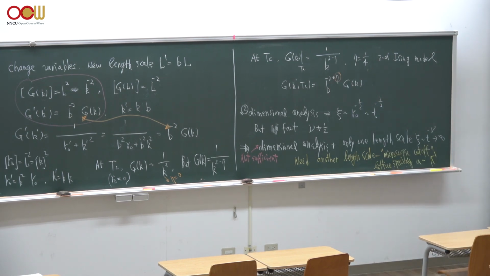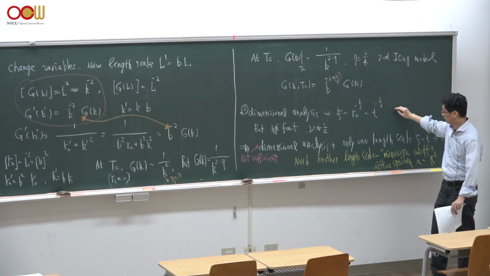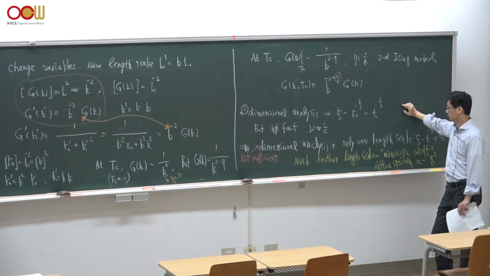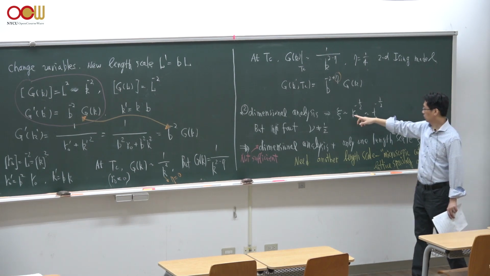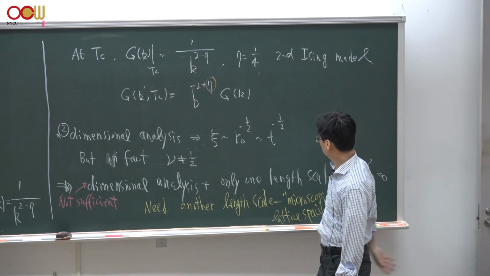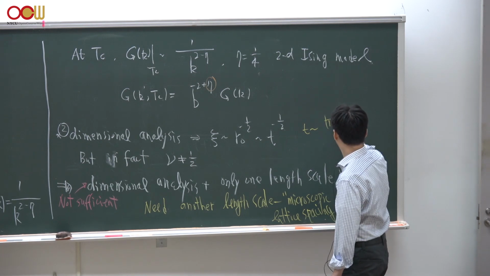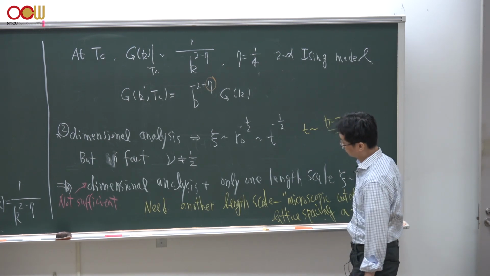So let us take a second example, the correlation length. Our Landau theory, or mean field theory, or Gaussian theory, tells us that this is proportional to R0 to the power of minus 1/2, which is proportional to little t to the power of minus 1/2, where little t is proportional to T minus Tc divided by Tc, right?